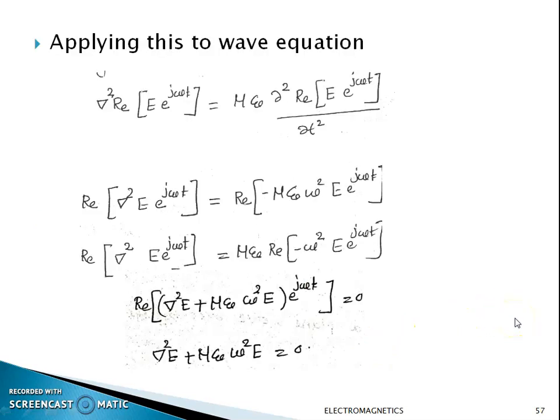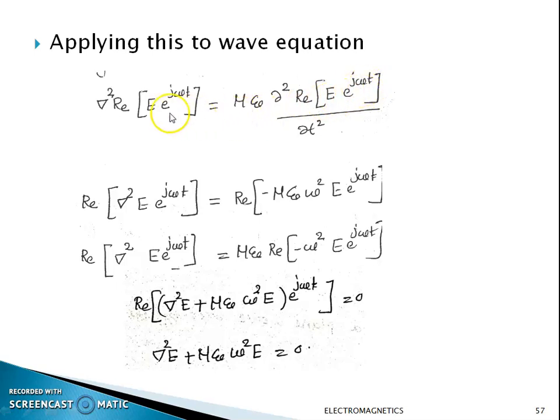And apply this value to the wave equation. That is, the wave equation is del square E is equal to mu epsilon dou square E divided by dou t square. For that equation, we have to apply the value of del square E like this: del square into real part of e raised to j omega t is equal to mu epsilon dou square divided by dou t square of real part of e raised to j omega t.